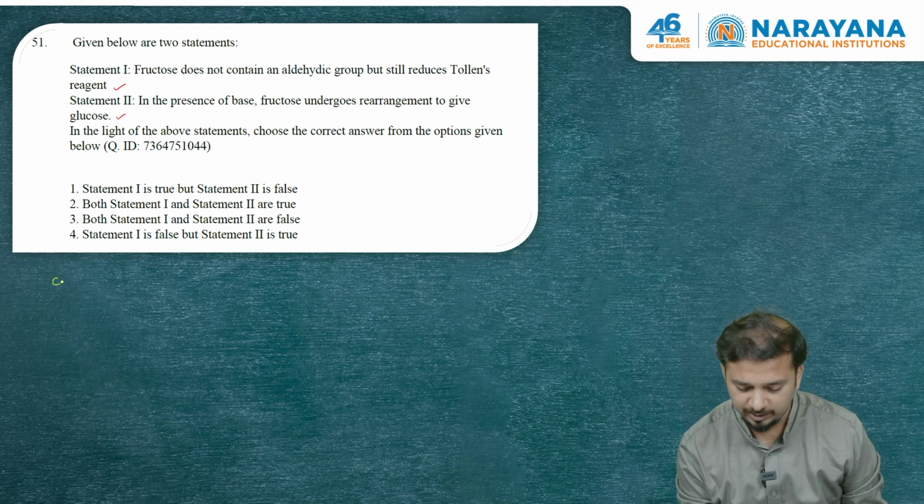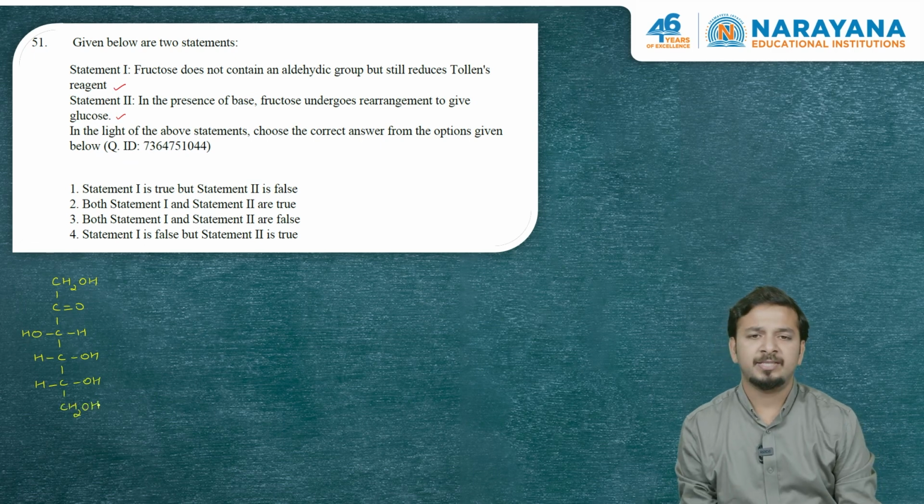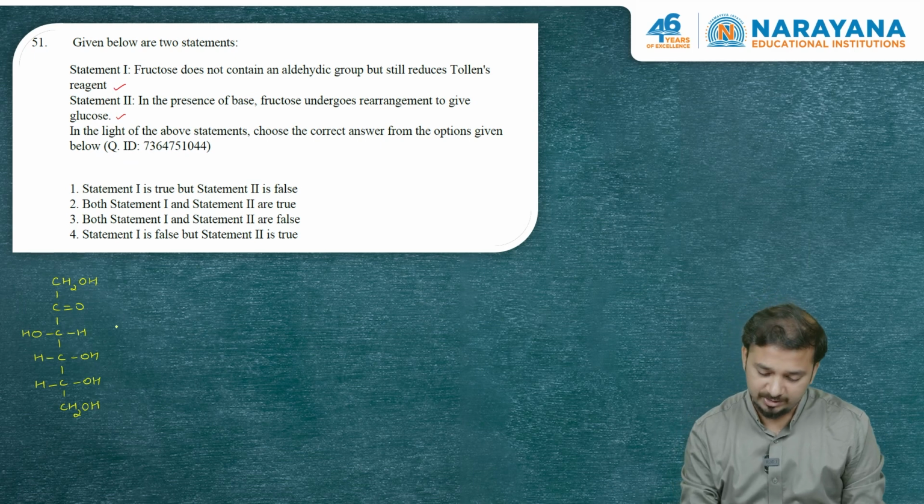So if you talk about fructose, fructose is CH2OH, C double bond O, C, OH, H, C, H, OH, C, H, OH and CH2OH. In basic medium, first it tautomerizes.